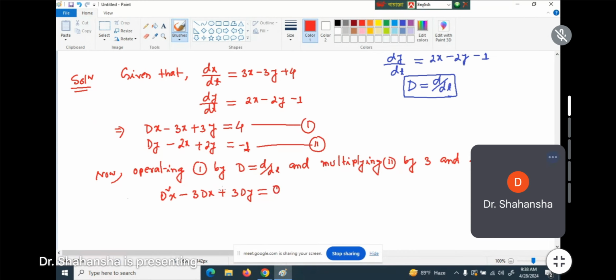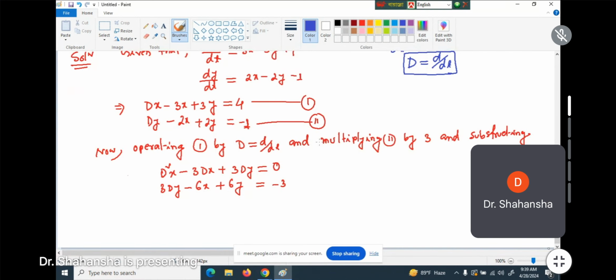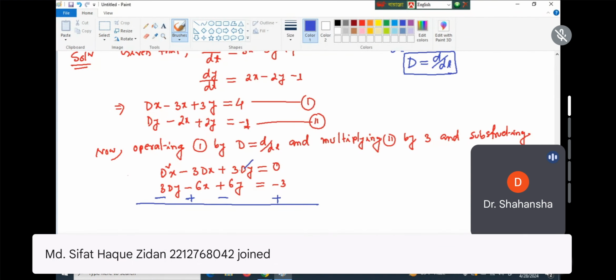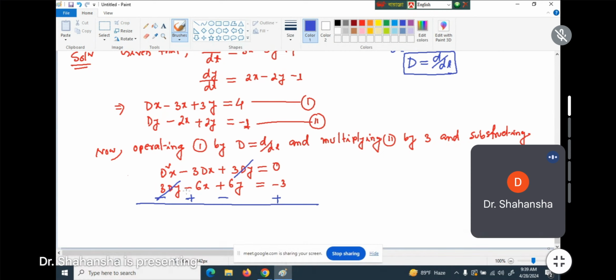And multiplying the second equation by 3, that means 3 Dy minus 6x plus 6y, and the right hand side minus 3. Am I right, my dear friends? And subtracting, that means the signs will be changed, so 3 Dy is cancelled here.